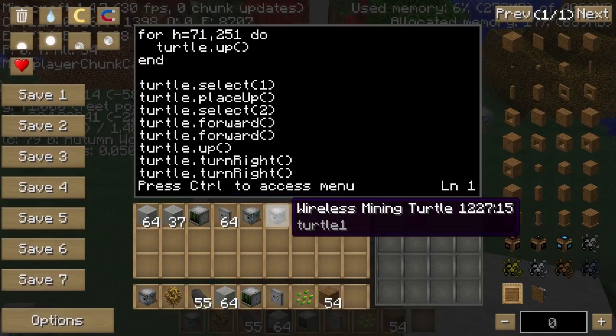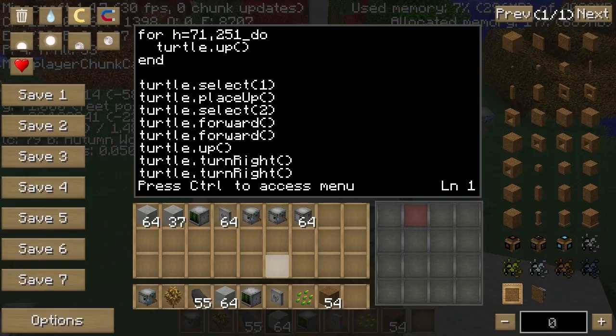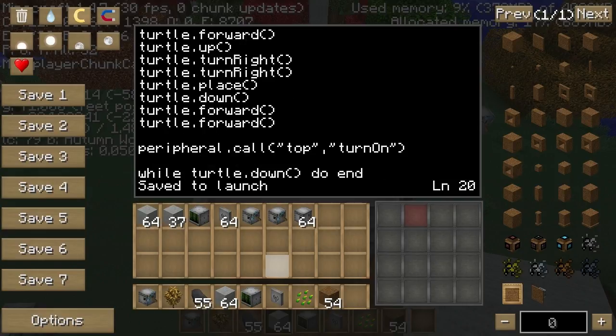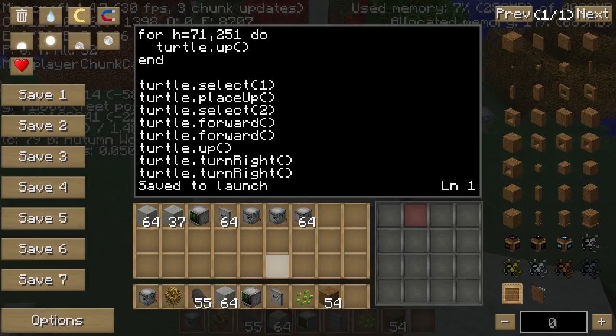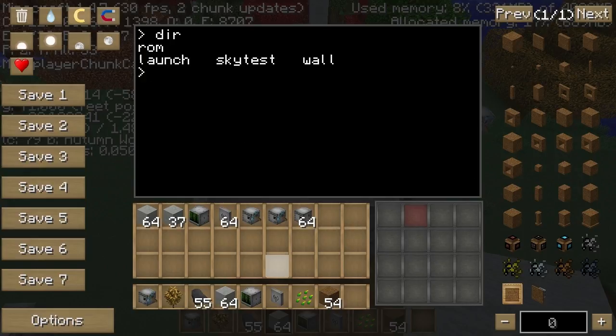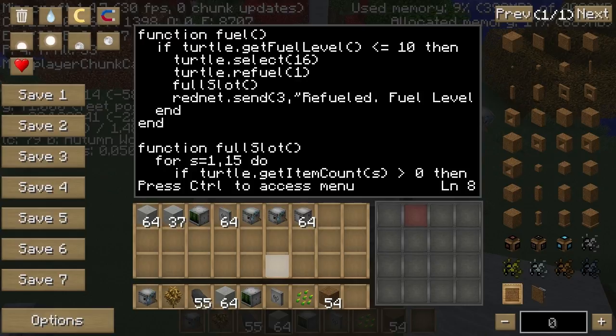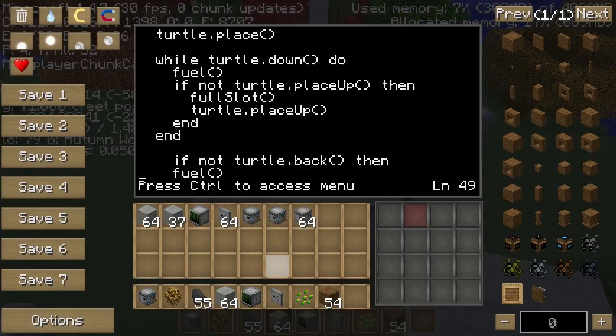You see, I've got multiple ones of the mining turtle, so I get the feeling if I break this. Alright, I'm just going to look through this just in case this all breaks, so I can put it back in again. I should really just look through all of them very quickly. So we've got launch, sky test, and wall. Here's wall. Well, that's not too much.